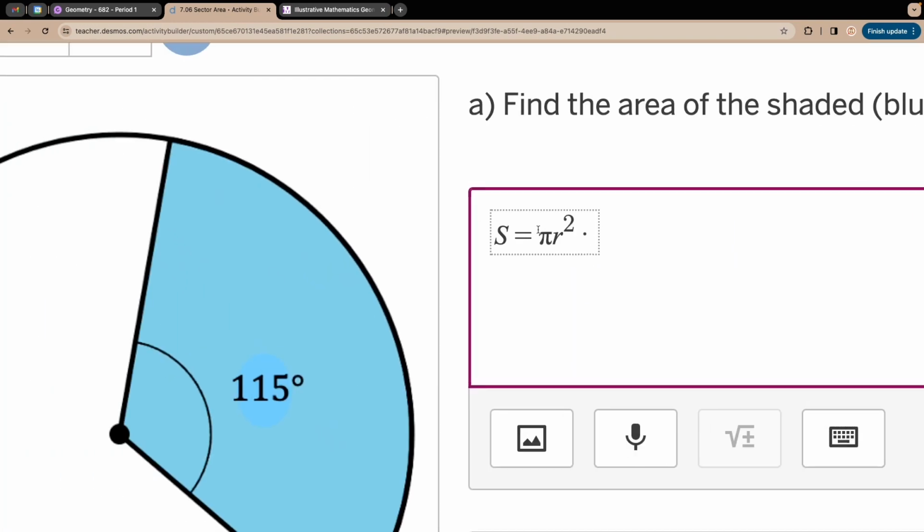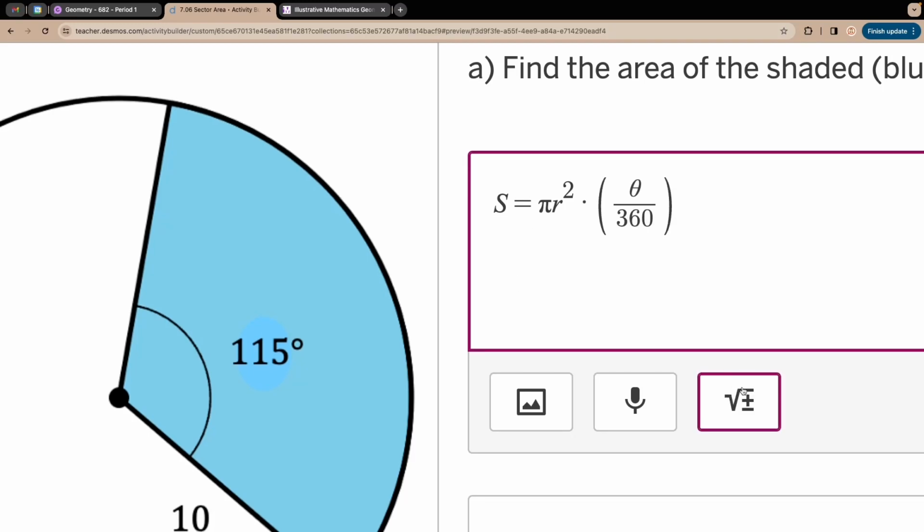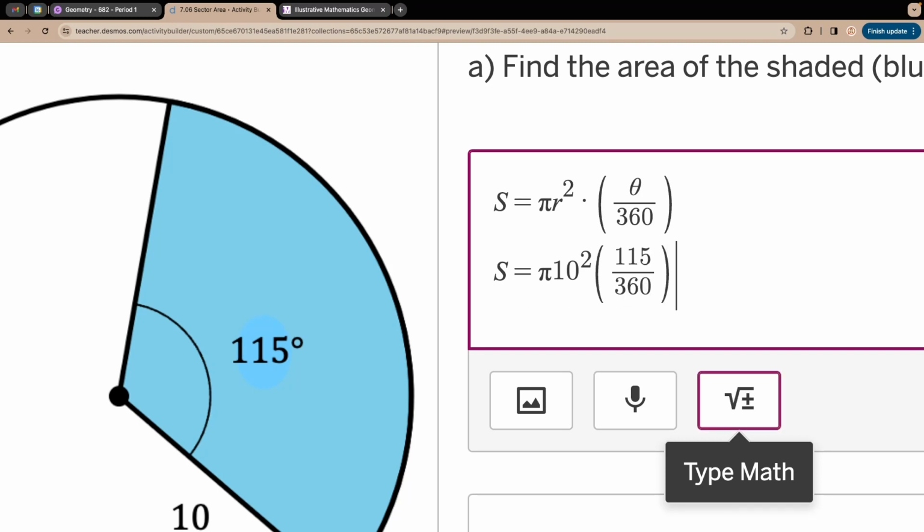So I'm going to multiply that by the central angle, the angle that I want out of 360, or the fraction of that circle. So for this one, I'm just going to fill in what I know. I don't know the sector, that's what I'm finding. Pi is just pi, 3.14. The radius is 10, so 10 squared, which is 100, times 115 out of 360. That's the fraction of the circle I want.